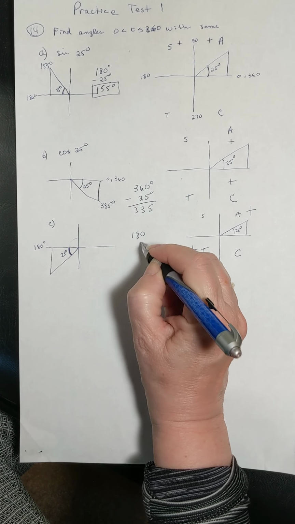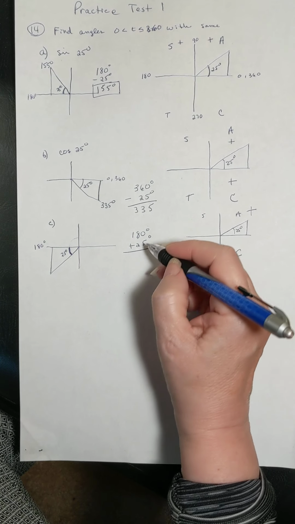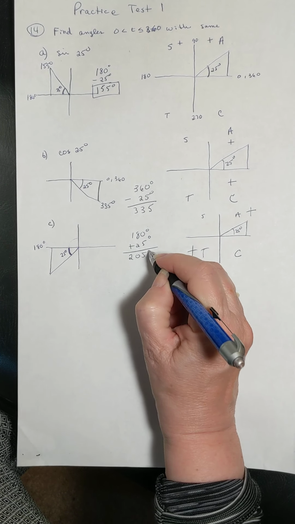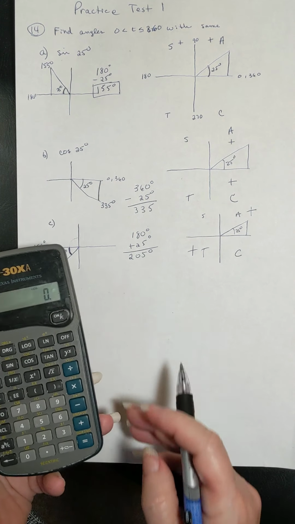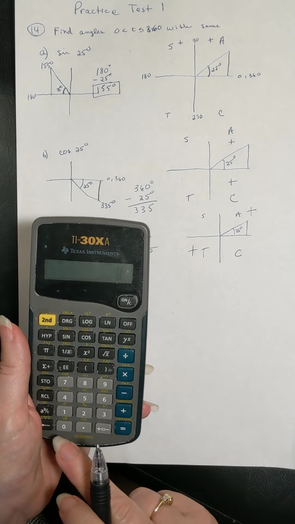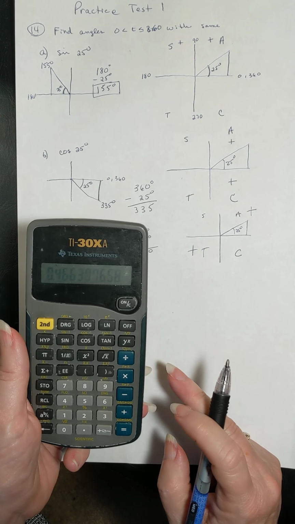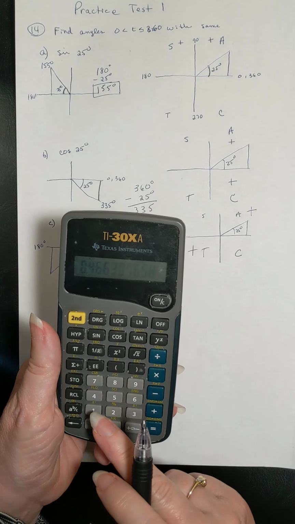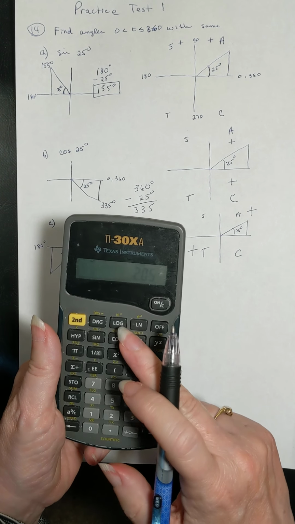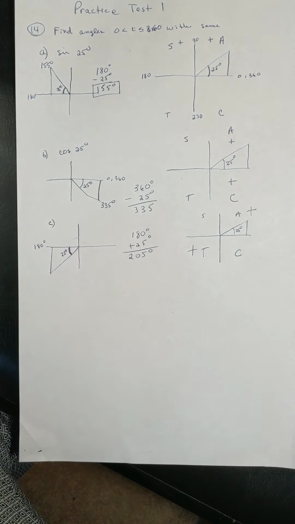So 180 plus 25 degrees is equal to 205 degrees. So again, notice that the tangent of 25 degrees is 0.466, and the tangent of 205 degrees is 0.466. So they're exactly the same.